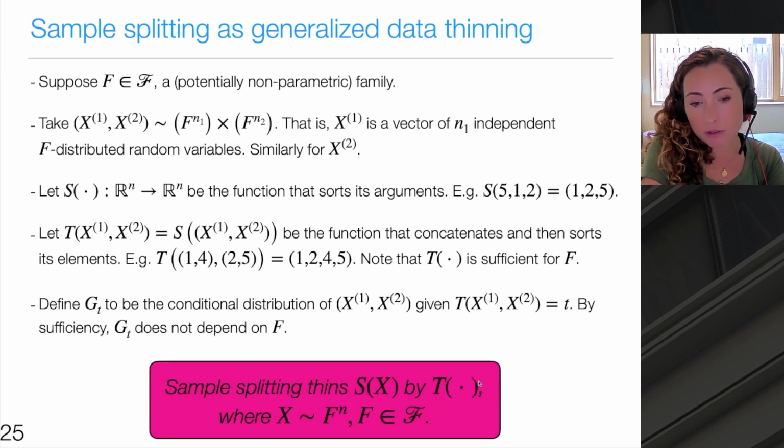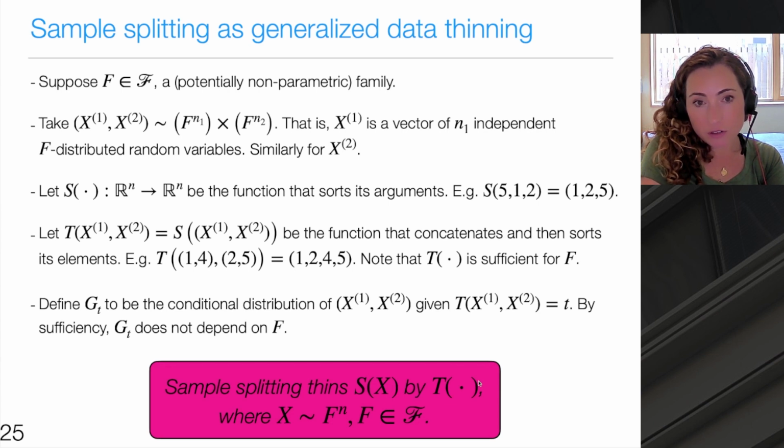So what this means is that sample splitting is simply performing data thinning. We're thinning not the original data x, but a sorted version of the original data x using the function t, where the function t concatenates the training and test set, and where x consists of IID draws from the distribution F. Stated another way, if you give me n IID draws from F, and you tell me that you'd like an independent training and test set consisting of n1 and n2 elements respectively, then of course I would just choose n1 elements and make that the training set, and the remaining n2 elements would be the test set.